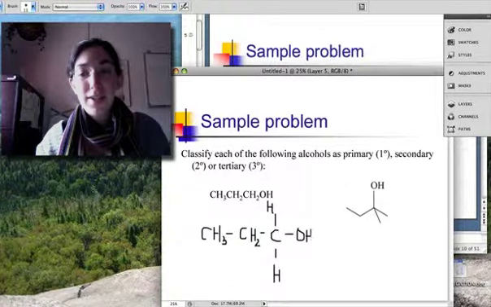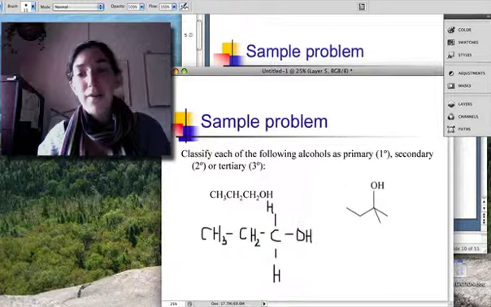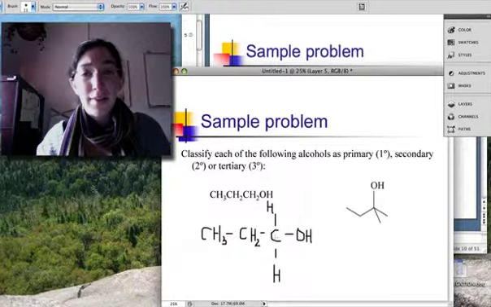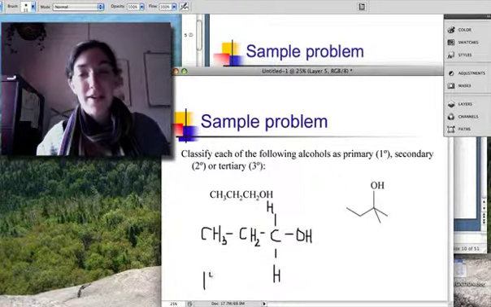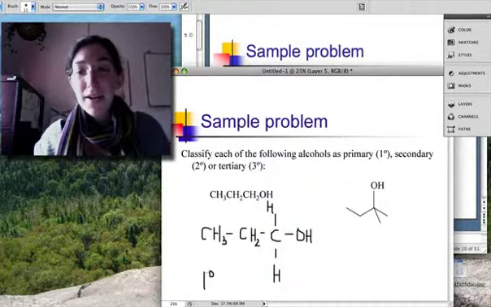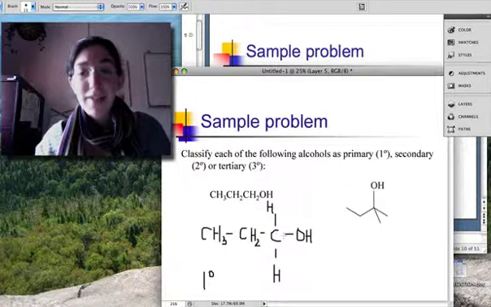Looking at this molecule, here's the alcohol group, here's the alcoholic carbon, there's two hydrogens and one R group. So this would be a primary alcohol, because this alcoholic carbon only has one R group.